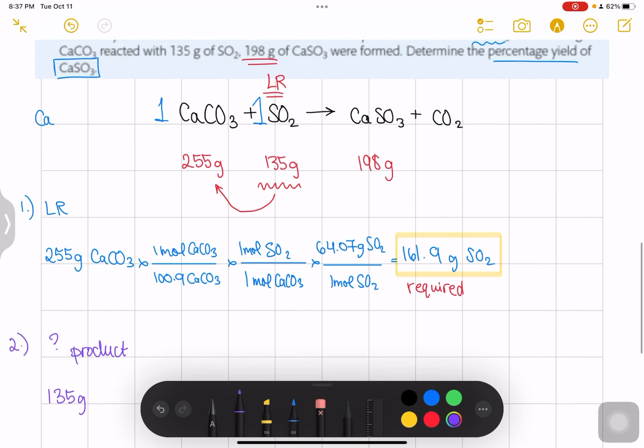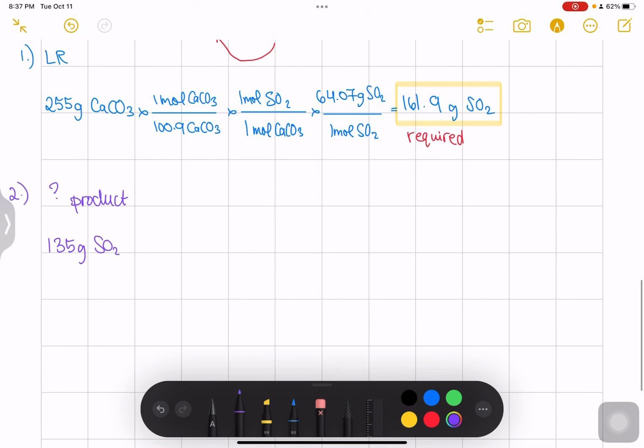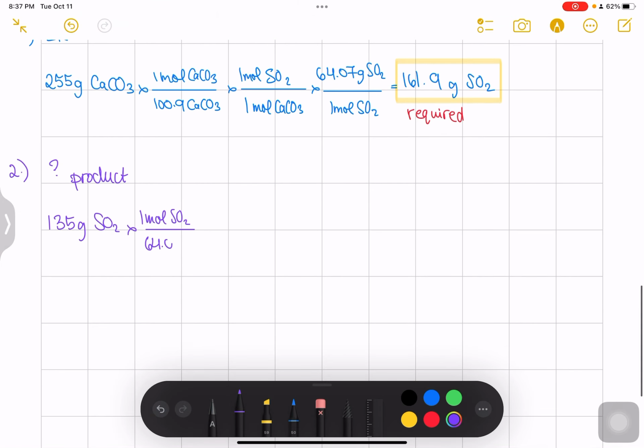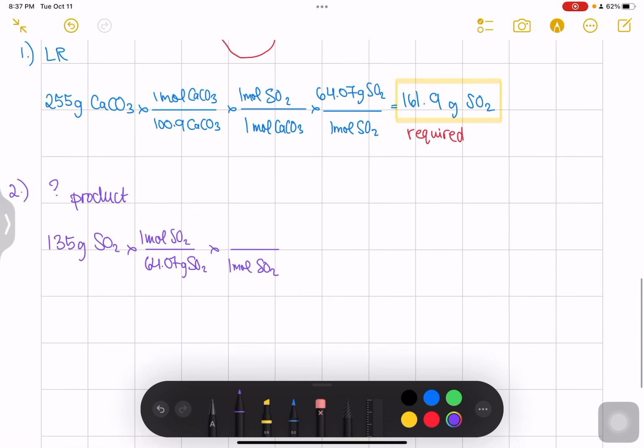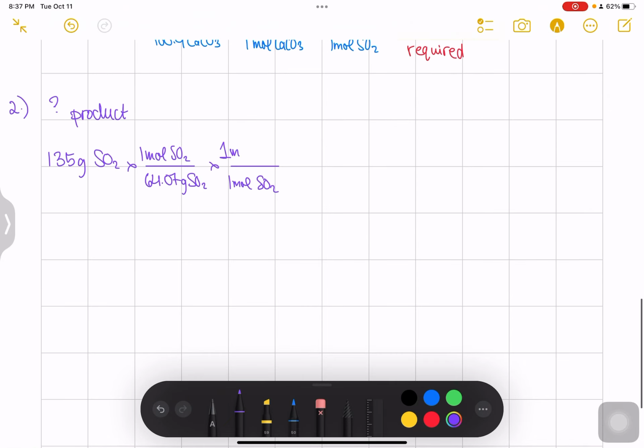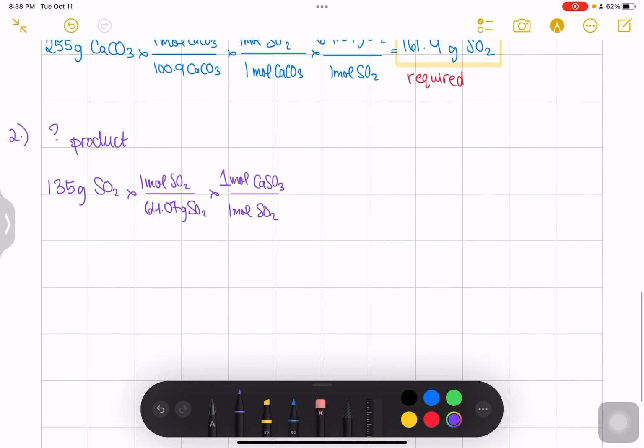So we have 135 grams of SO2, which is our limiting reactant, and 1 mole of SO2 is, how much did we calculate? 64.07 grams of SO2. Now, for every 1 mole of SO2, we have 1 mole of CaSO3. Is that right? Yeah.